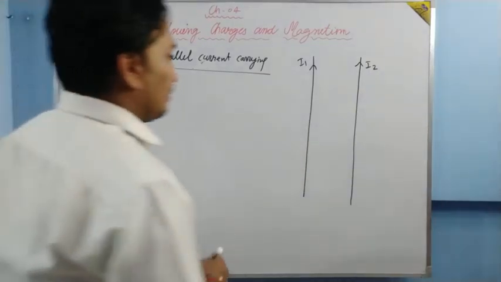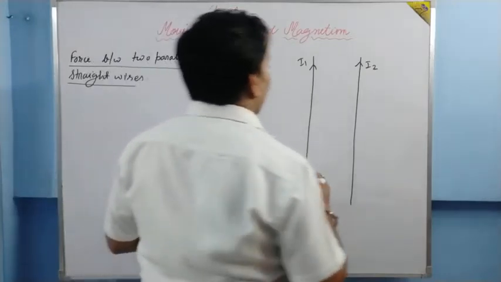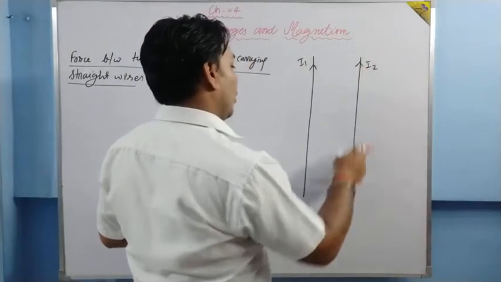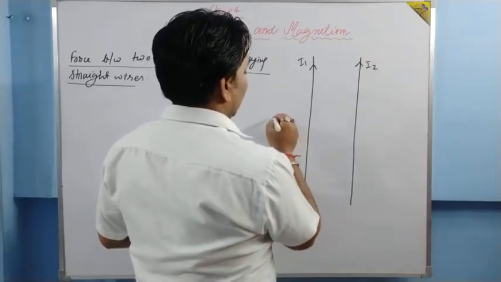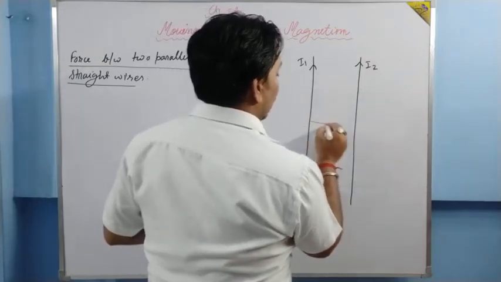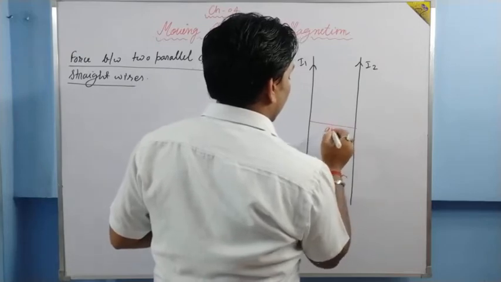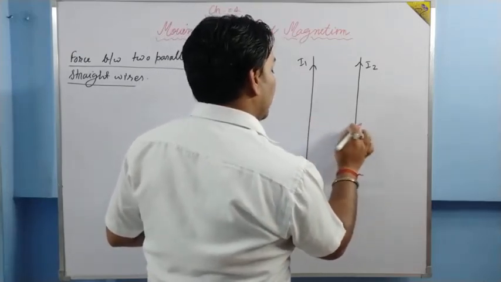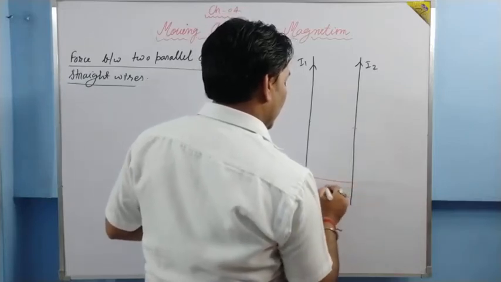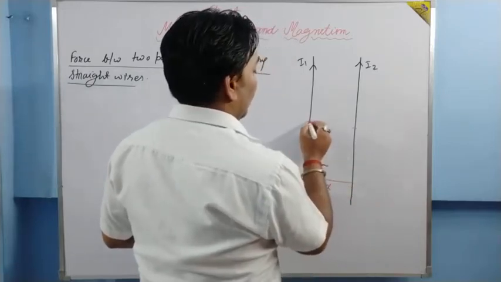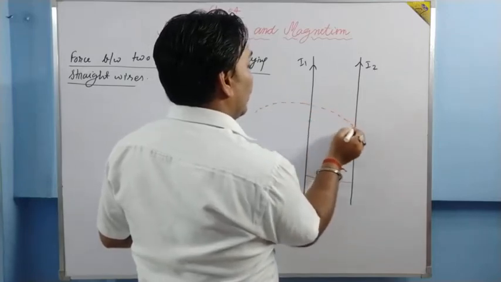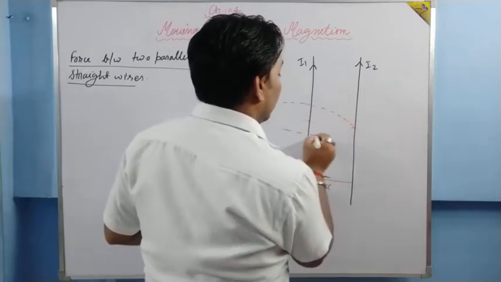Let us analyze the direction of magnetic field. Suppose due to the first wire I am looking for the magnetic field at the location of the second wire. So let this distance be d. Now what happens if I take a radius of d and draw a circle?